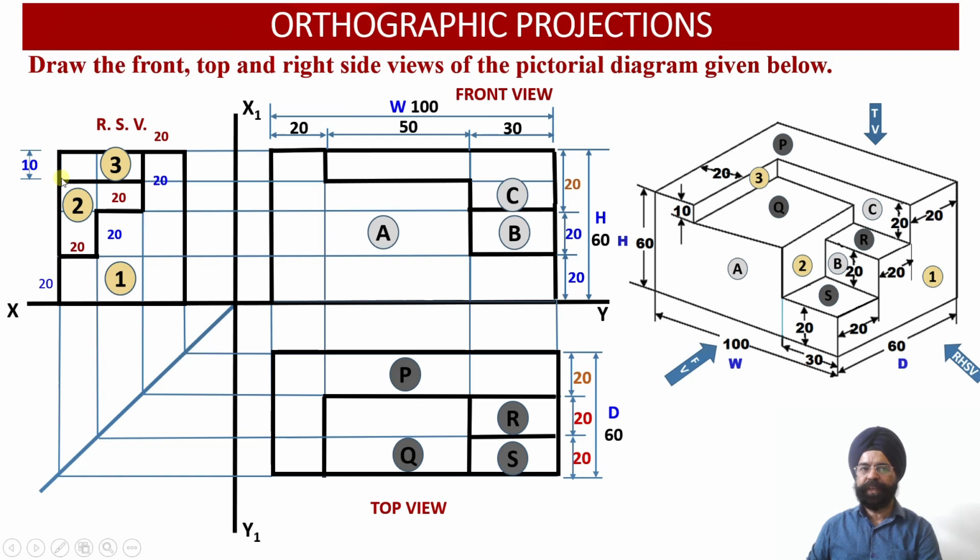This is my surface 3. All 3 surfaces, surface 1, surface 2 and surface 3, are parallel to the profile plane. So their projections on the profile plane in the right hand side view also represent the true shapes of these 3 surfaces marked with yellow color.